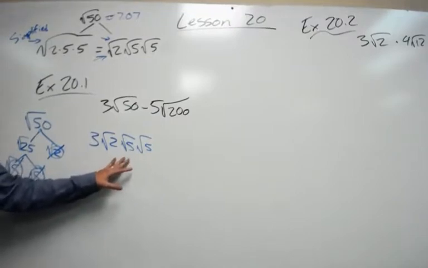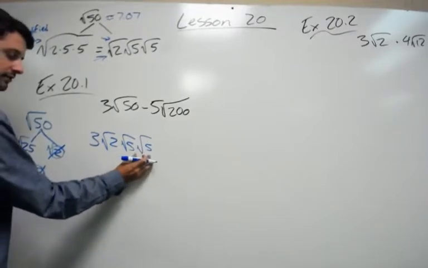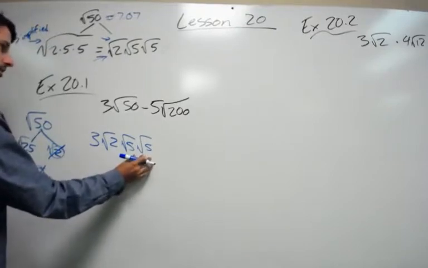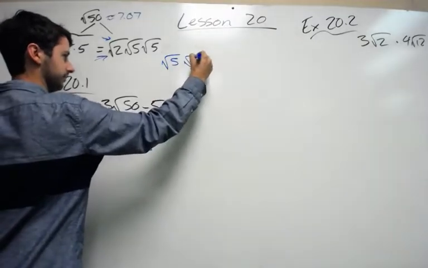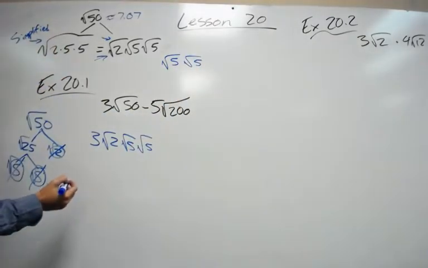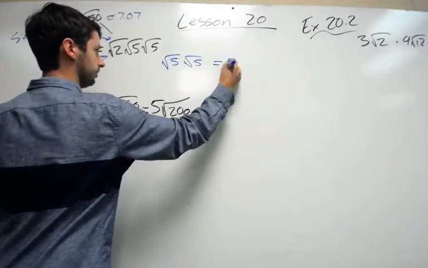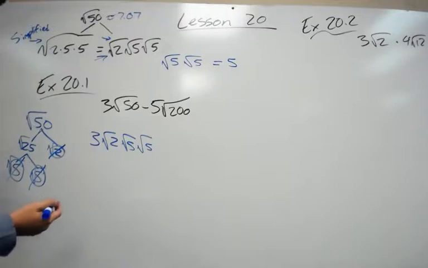Once you're here, and you'll be able to speed this up once you get good at it, if you have two of the same number under the radical, let's look at radical 5 times radical 5 for a second. What that is actually going to be equal to is one whole number 5.